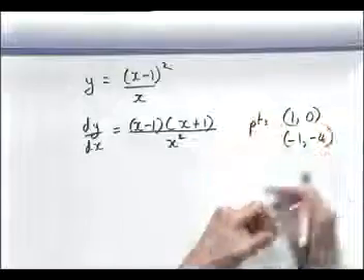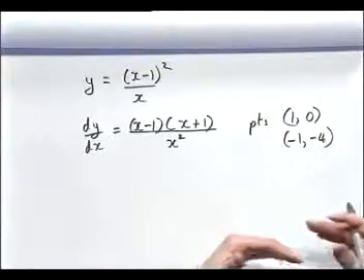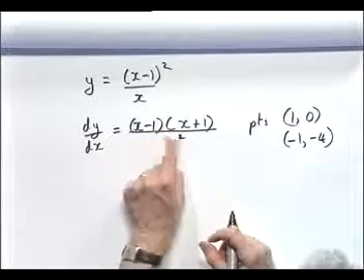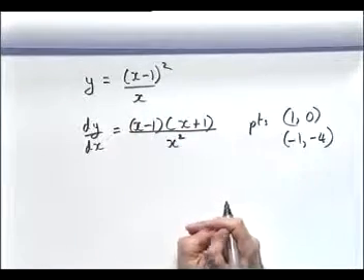Now, in order to sort out if these are turning points, and if they are, which is a maximum and which is a minimum, then we need to differentiate this again. And that is very, very fearsome. Is it really worth differentiating it again? We might make a mistake. The algebra might go wrong. So, rather than differentiating it again, let's do what we did before.